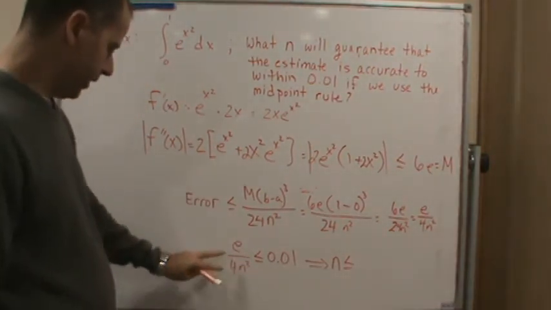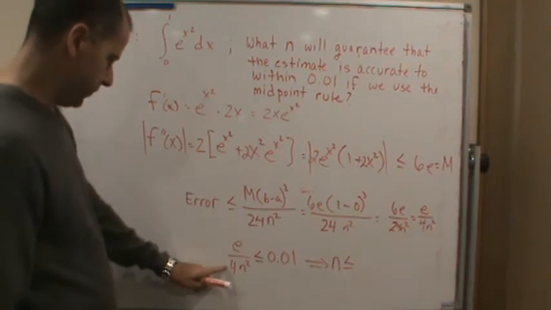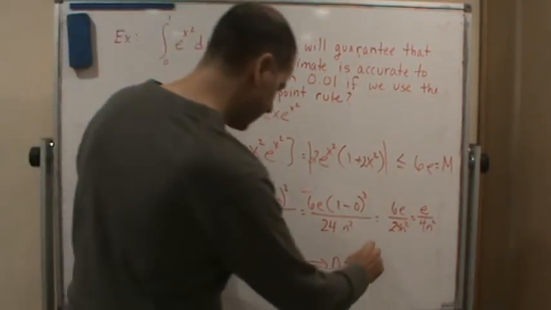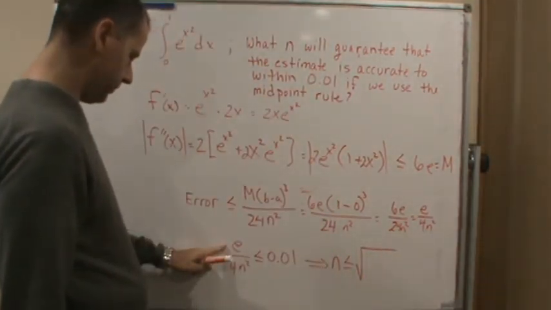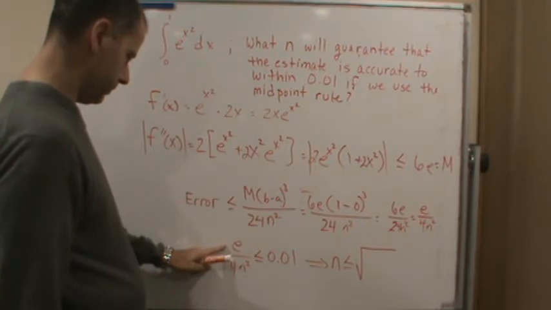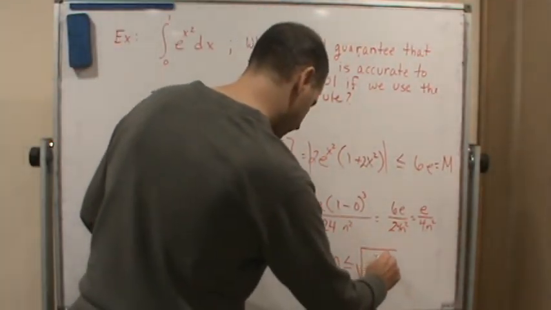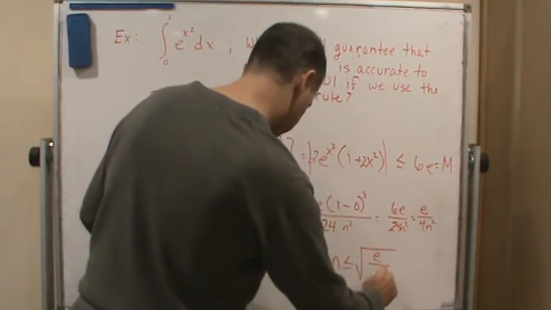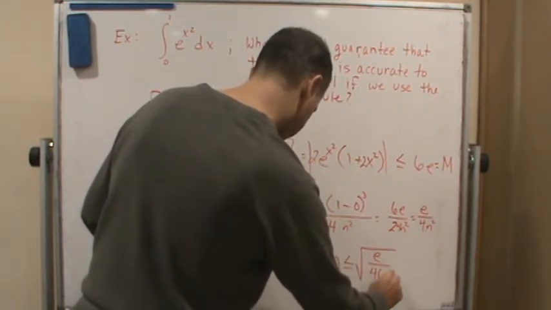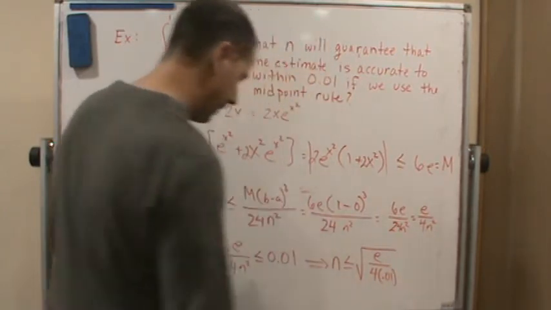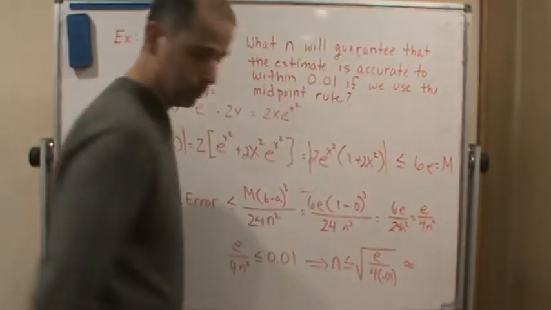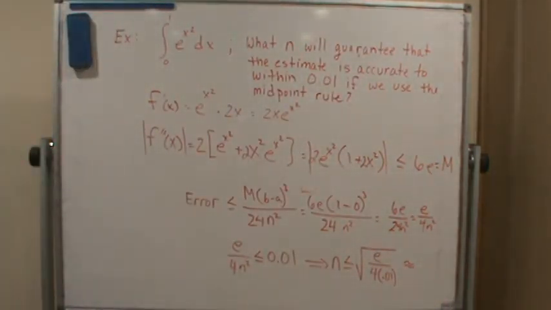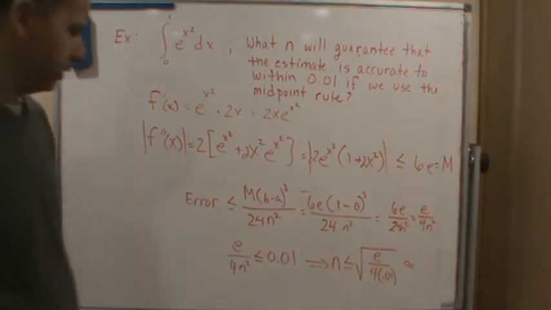So if we solve for n, we flip these, and we're going to get the square root of that, which is approximately equal to what? We get 8.24.